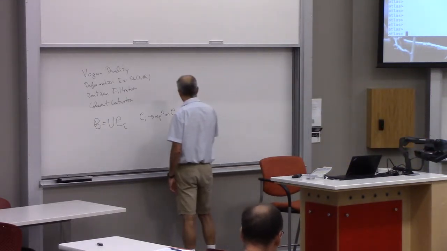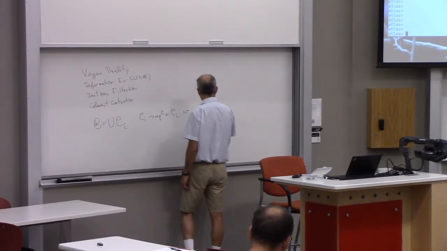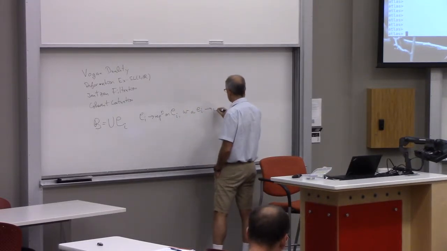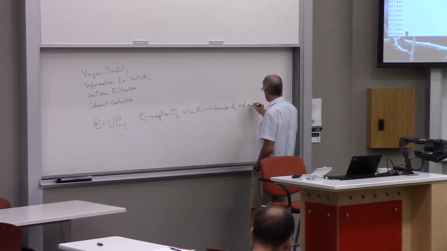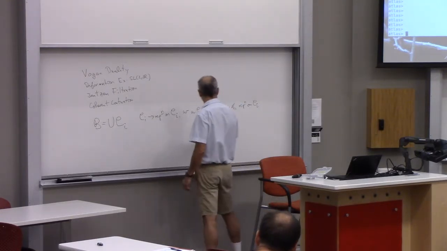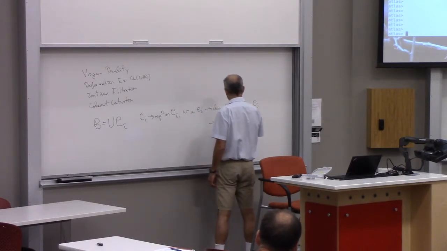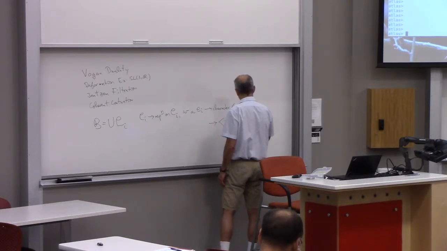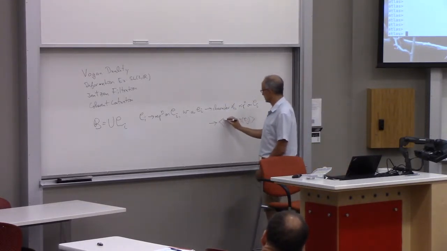You can compute W on C_i, and then you can compute the character of the representation on C_i. And finally, you can compute the inner products of all of these representations, the characters of beta.